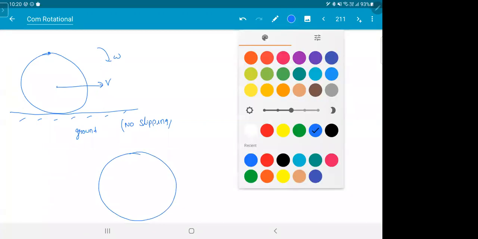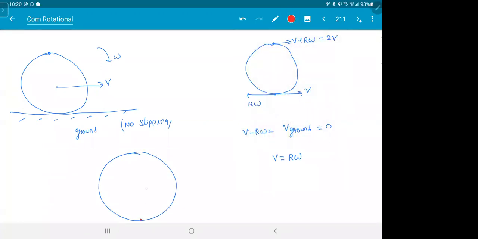That means on a sphere, if you look at the velocities, this is 0, and this is V. As you go upward, velocity becomes faster. When you're going on a cycle, the upper part of the wheel will go faster than the lower part of the wheel.